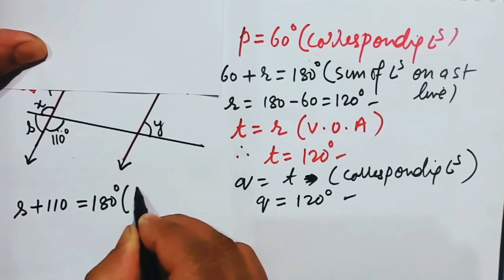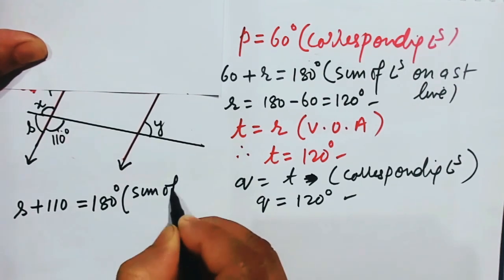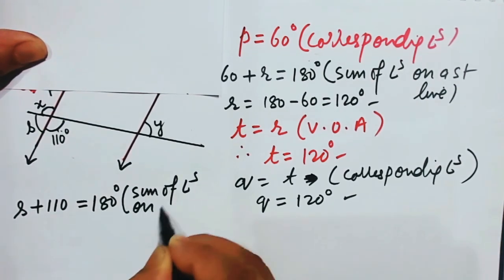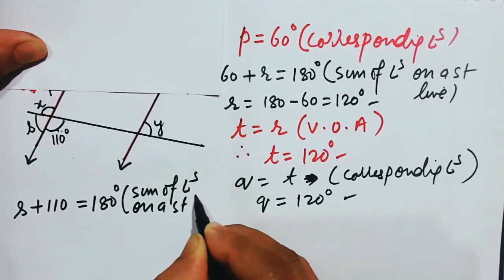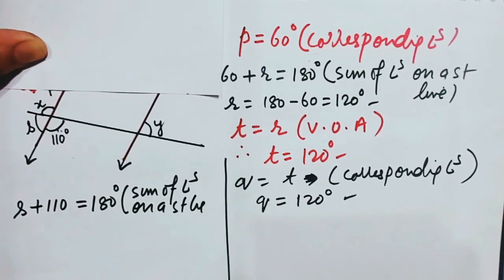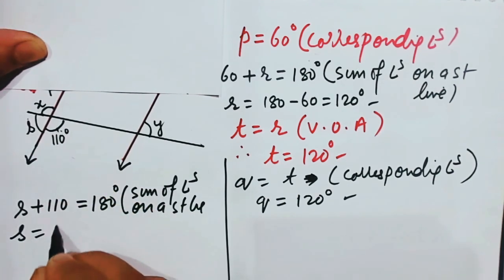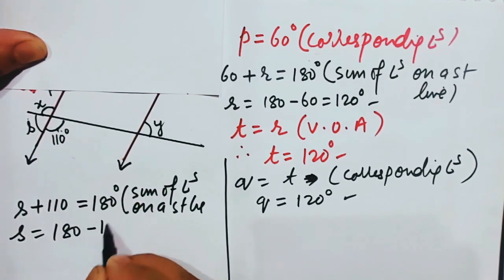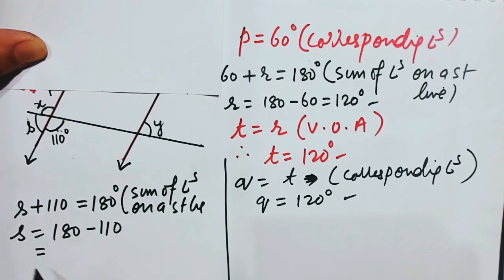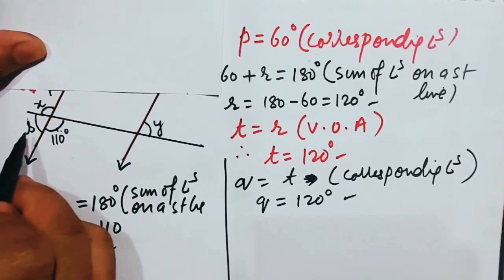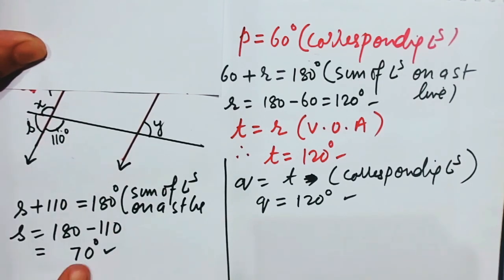Why? Because of the sum of angles on a straight line. Therefore, S will be equal to 180 minus 110, which is 70 degree. So the value of S is equal to 70 degree.